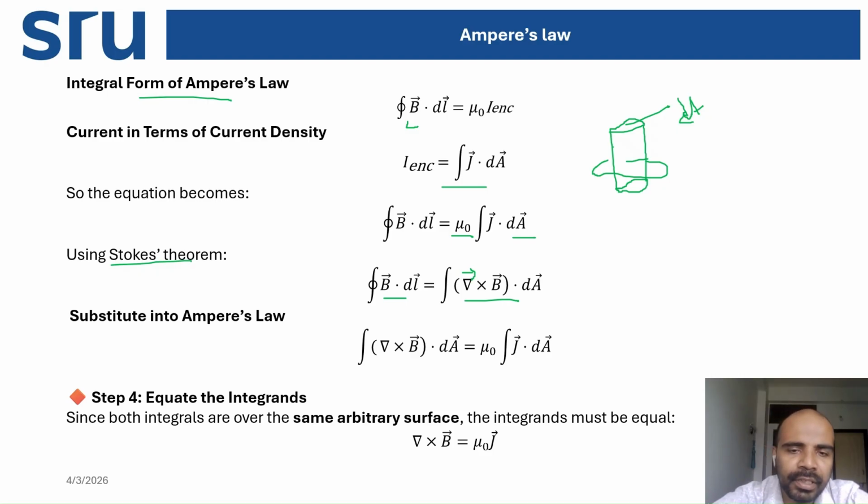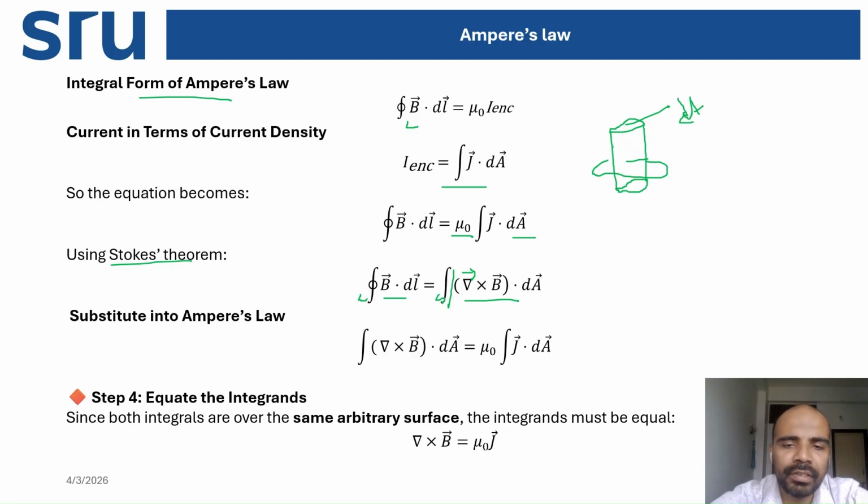So B dot dl over a closed line C is equal to curl V dot dA, that is a surface integral, right? Surface integration. So it basically converts the line integration into the surface integration, right?